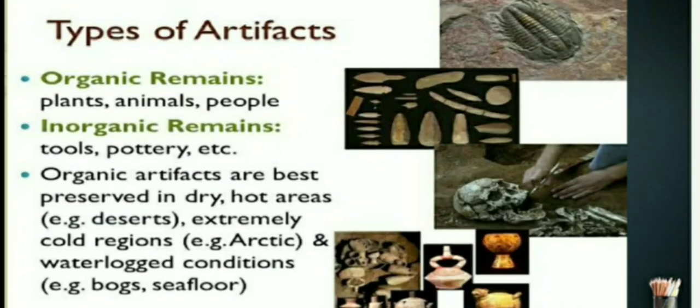Generally, organic artifacts are best preserved in dry, hot areas. Examples: deserts, extremely cold regions, for example the Arctic, and waterlogged conditions where plenty of water could be found. Examples: bogs and seafloor.